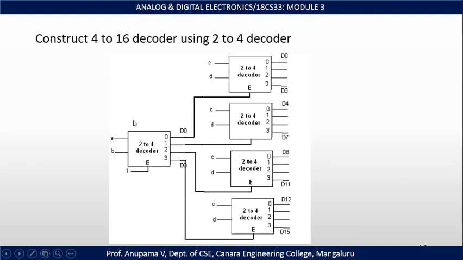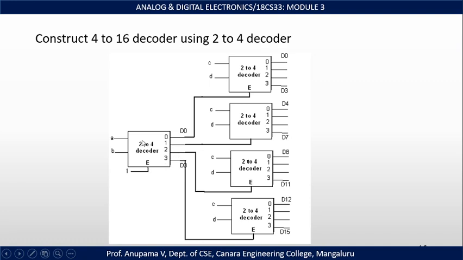Now, see, in the first stage, A and B are the inputs for a 2 to 4 decoder. The outputs of this 2 to 4 decoder are Y0, Y1, Y2, Y3. These are the enable inputs for the next stage 2 to 4 decoders. For the first stage 2 to 4 decoder, enable is set to 1 always.